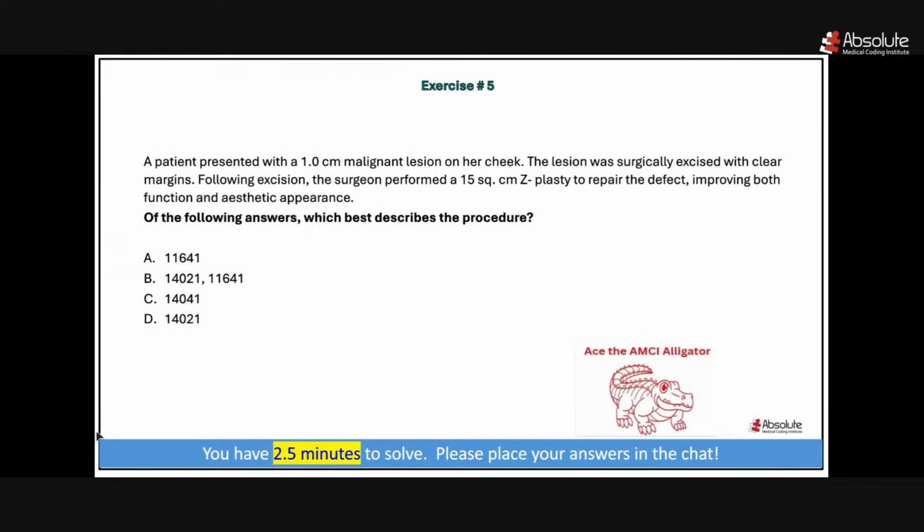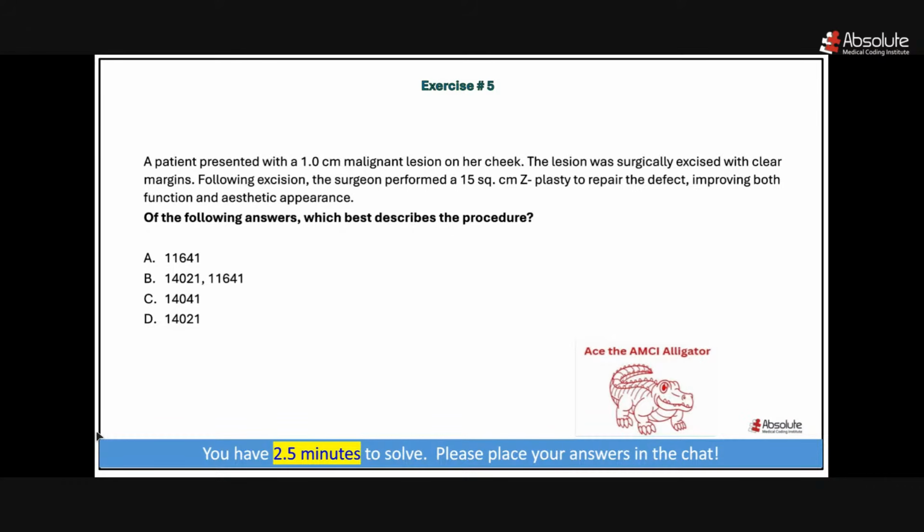Meanwhile, I'm going to exercise number 5. Of the following answers, which best describes the procedure? Option A, 11641. Option B, 14021. Option C, 14041. Option D, 14021. A patient presented with a 1 centimeter malignant lesion on her cheek.